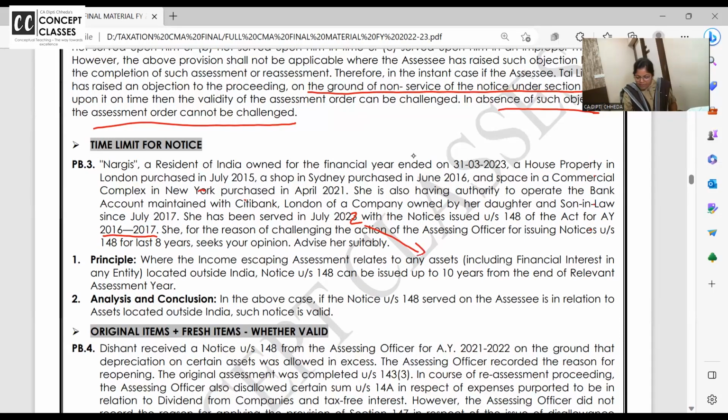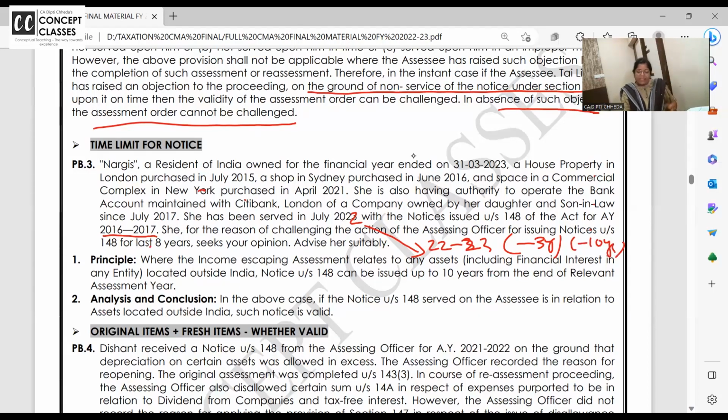Now take a pause. 22-23, I can issue the notice minus 3 years. Only if the income escaping assessment exceeds 50 lakhs, or if the person has signing authority outside India, then I can go minus 10 years.